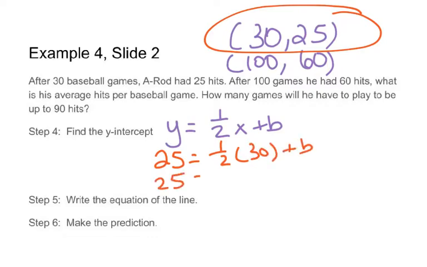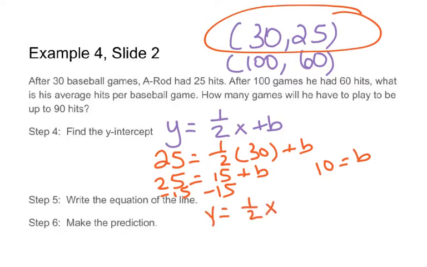That's 25 equals 15 plus b. I'm going to take the 15 away, so b equals 10. So what that basically means is that when he started counting, he already had 10 hits. So he's getting a half a hit a game, about 1 hit every 2 games. And he started out with 10.